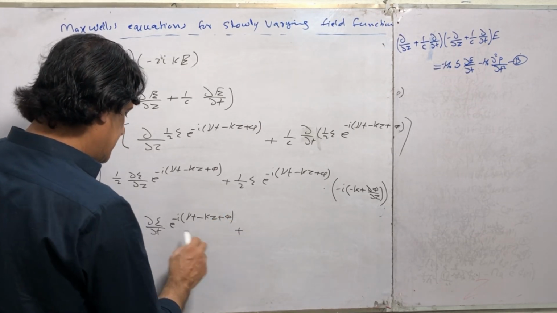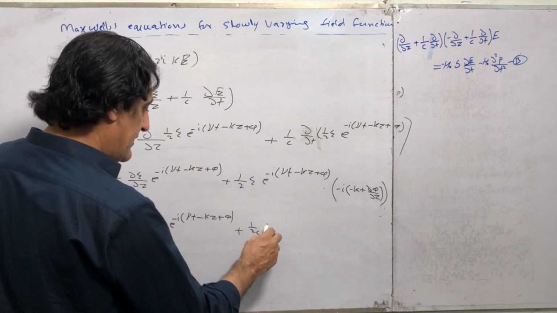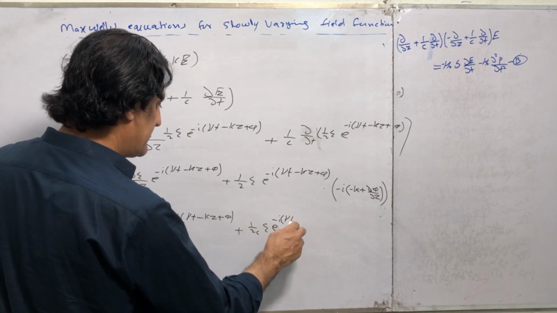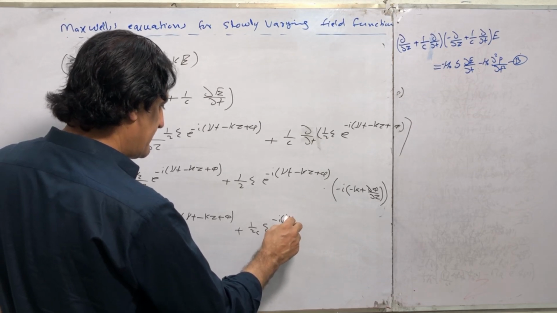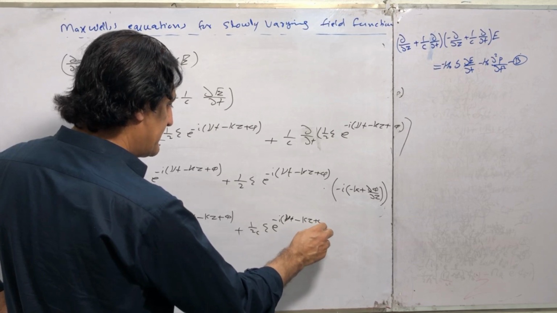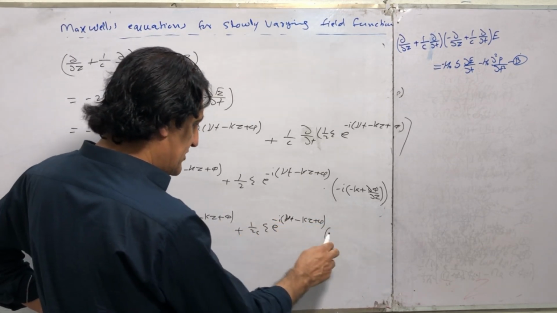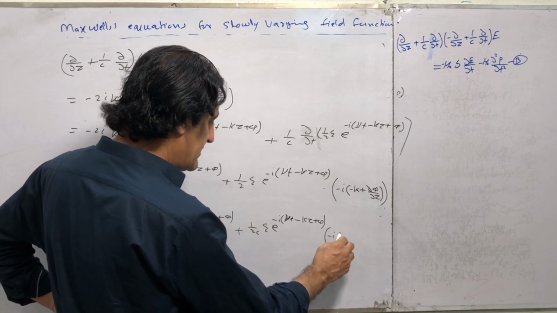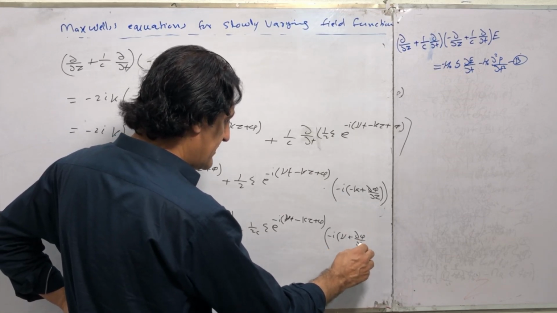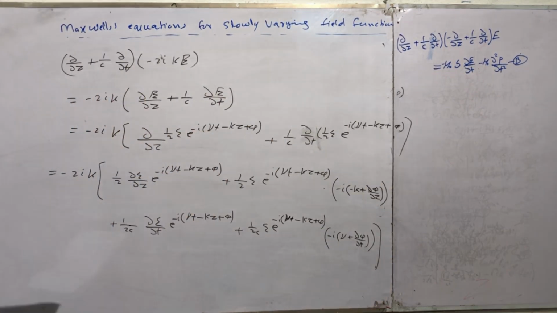And the second term is 1 over 2c, e to the power minus iota nu t minus kz plus phi, and the differentiation of this power is minus iota nu plus partial phi divided by partial t. This one.